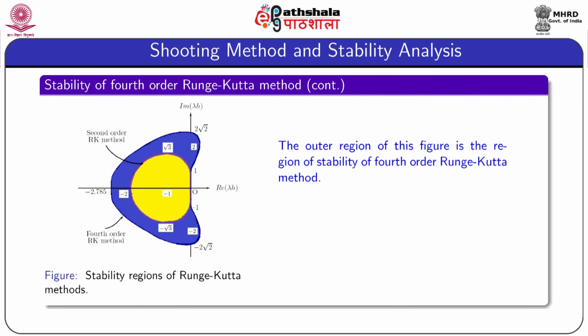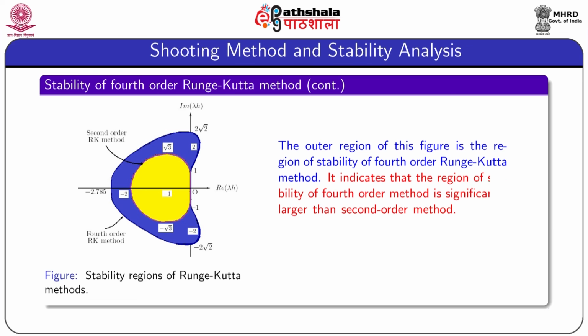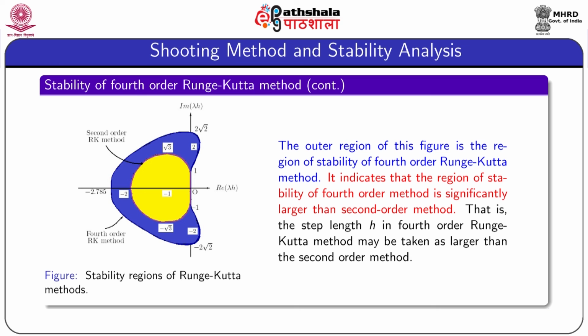So the outer region represents the stability region of the fourth order Runge-Kutta method. The entire region represents the stability region for the fourth order Runge-Kutta method, and it indicates that the region of stability of the fourth order method is significantly larger than the second order Runge-Kutta method. That is, the step length h in the fourth order Runge-Kutta method may be taken larger than in the second order Runge-Kutta method.